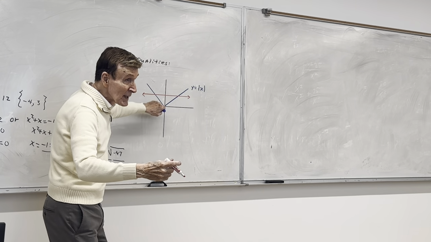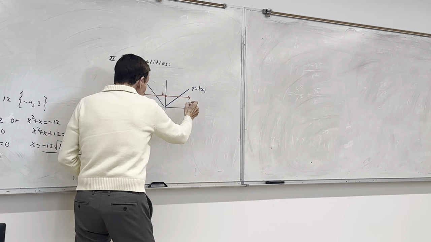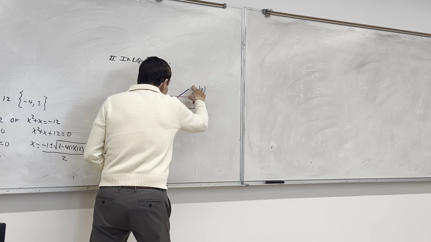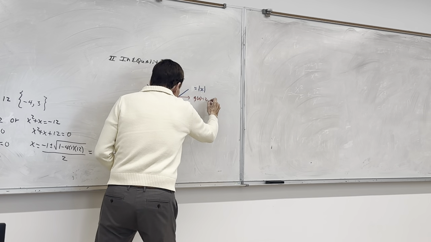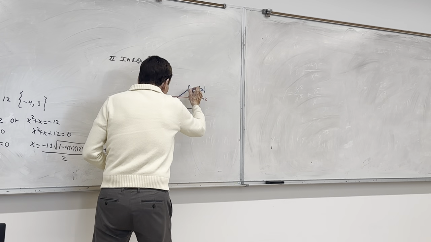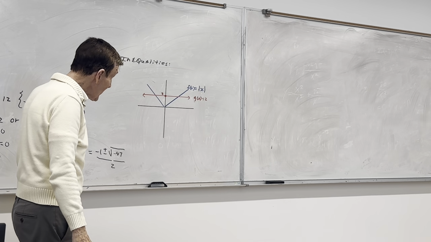Let's say this was 2 right here. And therefore the name of the line is, let's put f of x and g of x. I think this will be better. Let's call this one g of x is 2. F of x, I think it looks better like this, is equal to absolute value of x.